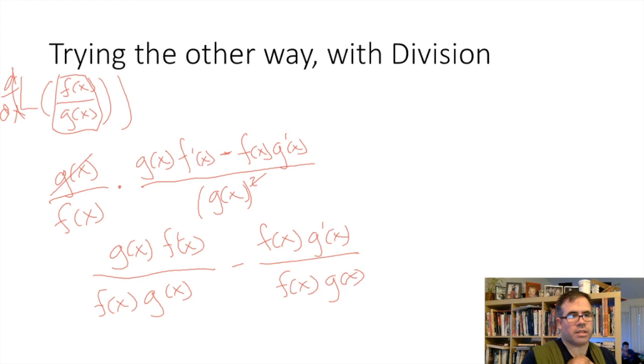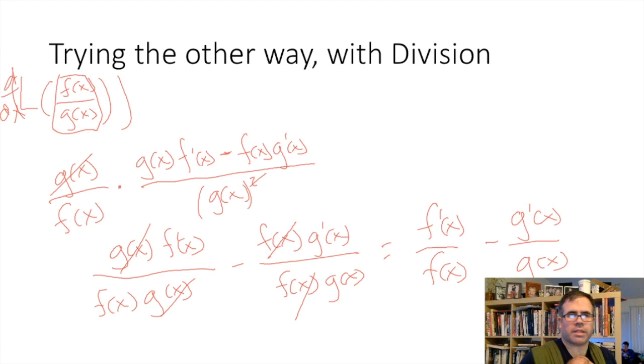And again, this f of x and this g of x are what give our two denominators. And then on this one, these cancel. On this one, these cancel. So we get f prime of x over f of x minus g prime of x over g of x.